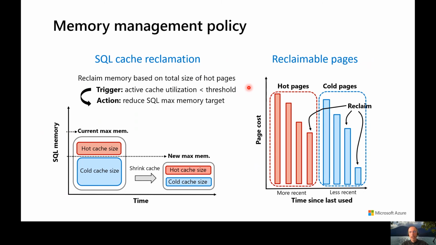So, for example, if I have a buffer pool page that was last accessed more recently than, say, a plan cache entry, it's quite possible that the buffer pool page will still be evicted first before the plan cache entry. And the reason for this is because recompiling of the plan could be a much more expensive operation than simply doing an IO to fetch a page from disk for the buffer pool.